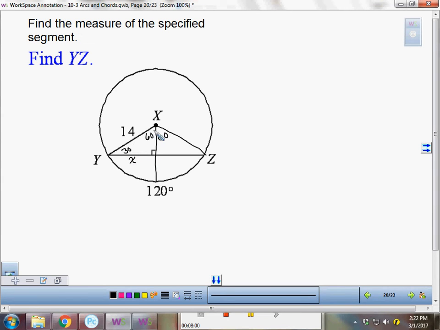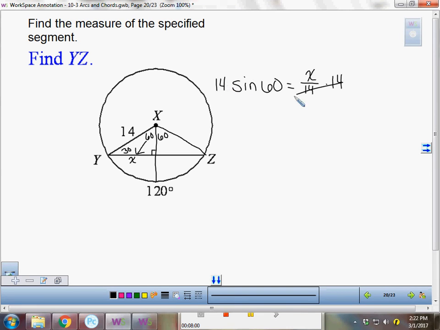All right, so if I'm looking at this angle, this side would be opposite. This side would be hypotenuse. So that means I would have to use sine. So sine of the angle 60 is equal to opposite over hypotenuse. So I would multiply by 14.